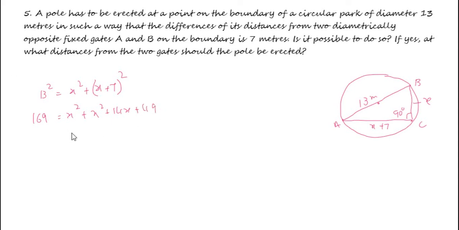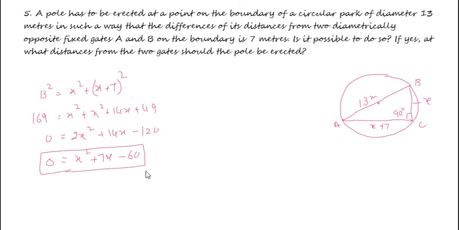We can write this as 2x square plus 14x. I will bring 169 to the other side, so minus 169 plus 49, that is minus 120, equal to 0. Divide every term by 2, it becomes x square plus 7x minus 60 equal to 0. This is the quadratic equation.